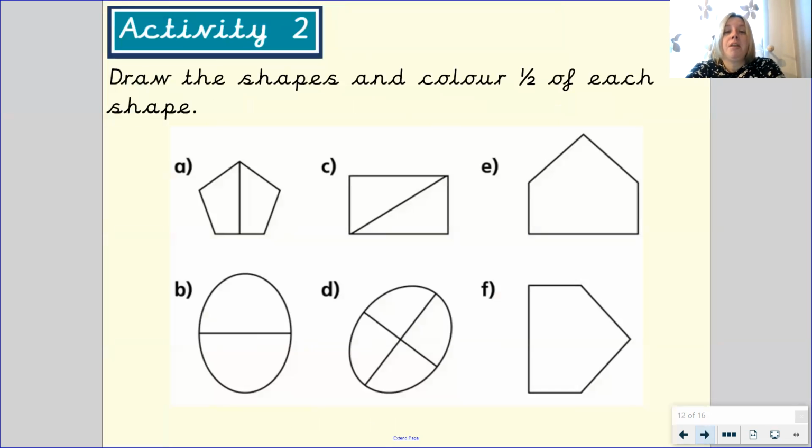Activity 2, draw the shapes and colour half of each shape. So you need to draw the shape into your book and then colour half of each shape. For some of the shapes, you will need to use a ruler so that you draw them very neatly.